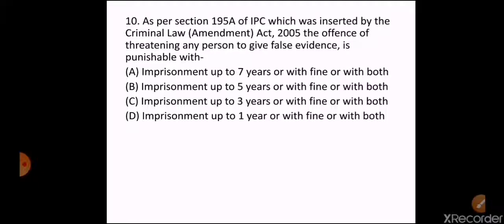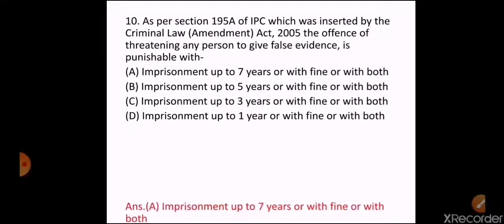Now, 195A deals with the punishment of: A, imprisonment up to 7 years or with fine or with both. B is imprisonment up to 5 years or with fine or with both. C is imprisonment up to 3 years or with fine or with both. D is imprisonment up to 1 year or with fine or with both.